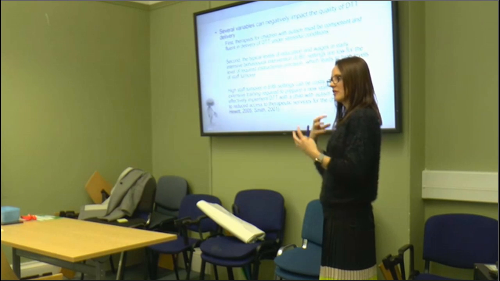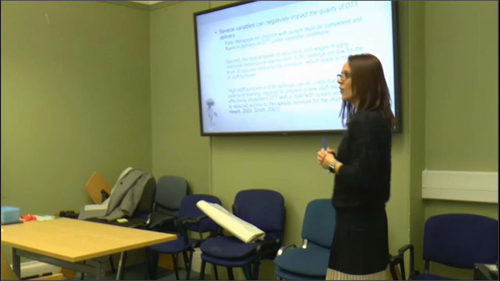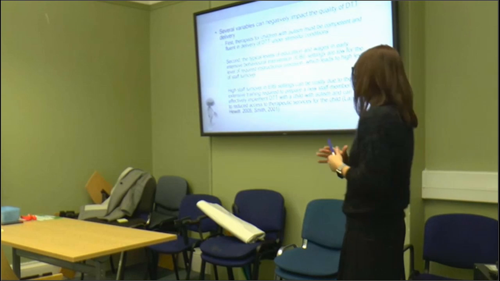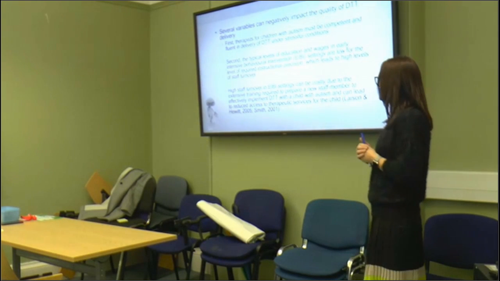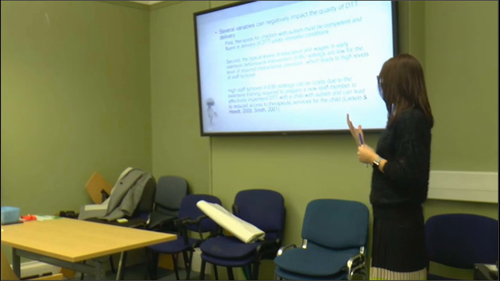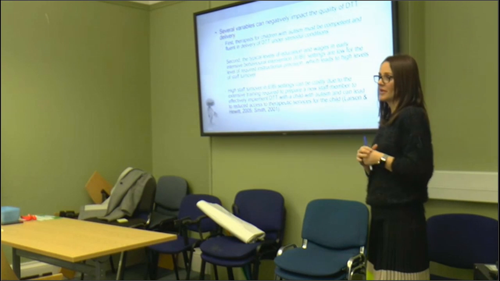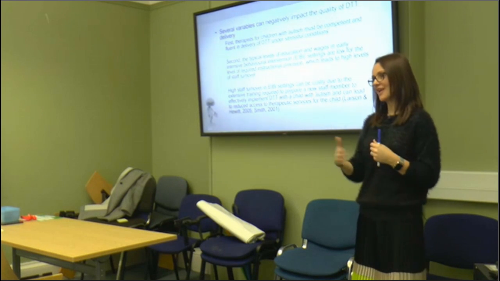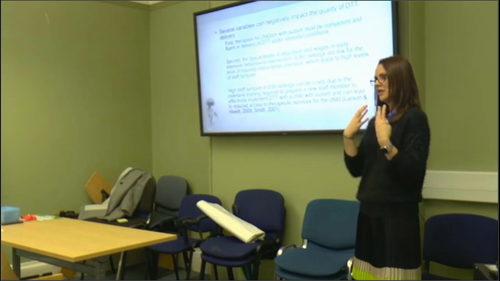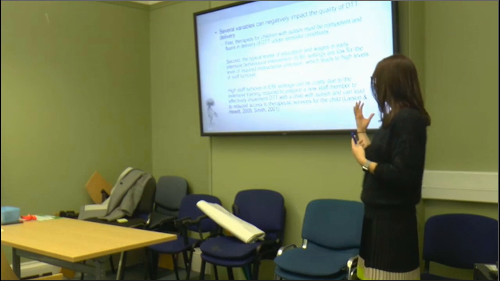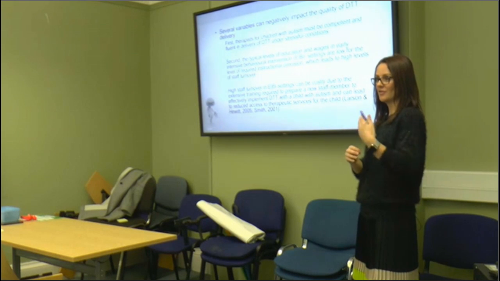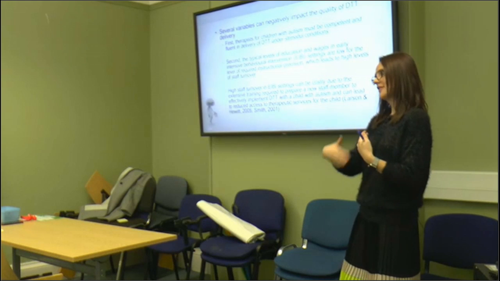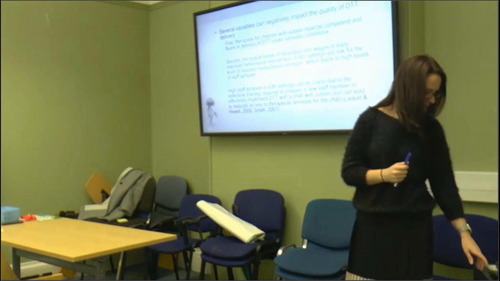So it's always that constant high staff turnover, especially for home-based ABA programs. And it can be costly due to the extensive training required to prepare a new staff member to effectively implement the DTT procedure. So again, parents then have to pay for more training. Settings have to pay for more staff to be trained as well, and then maybe we have procedural errors passed on to the next person as well.